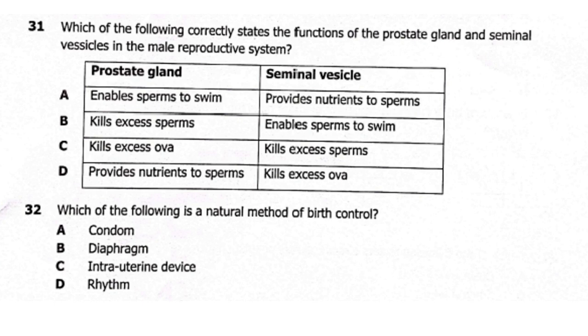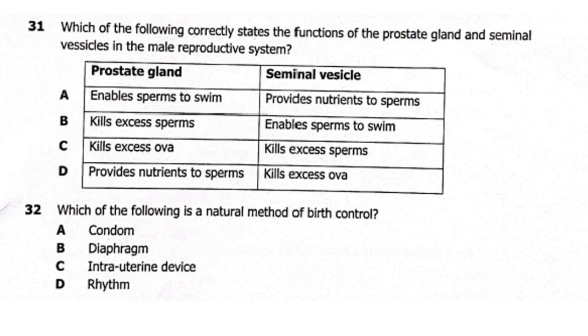Question 31. Which of the following correctly states the function of the prostate gland and the seminal vesicles in the male reproductive system? A. Prostate gland enables sperm to swim. Seminal vesicle provides nutrients to the sperm. B. Prostate gland kills excess sperms. Seminal vesicle enables sperms to swim.